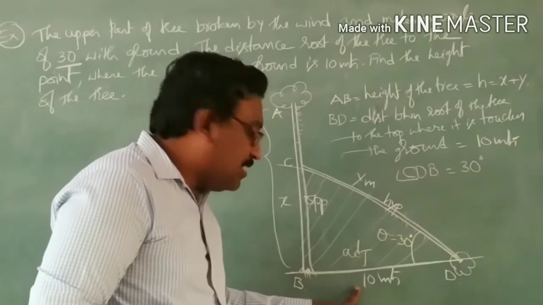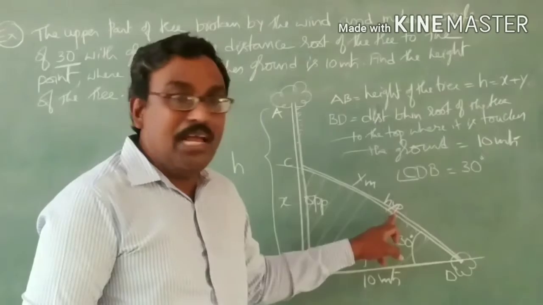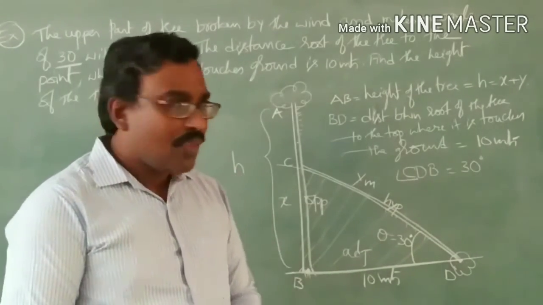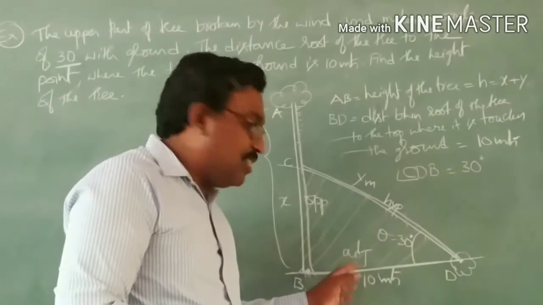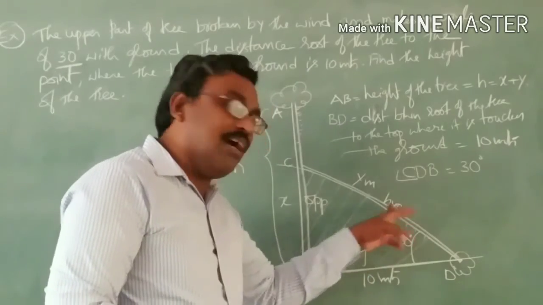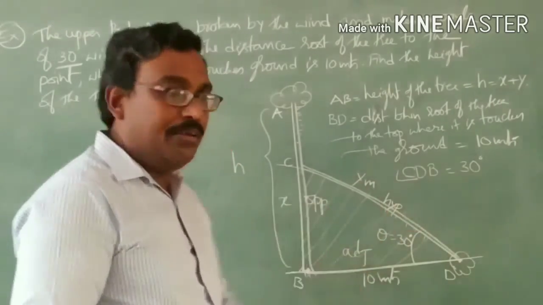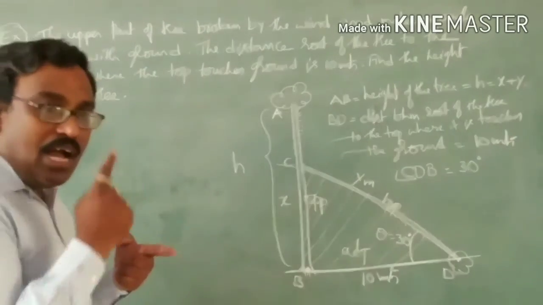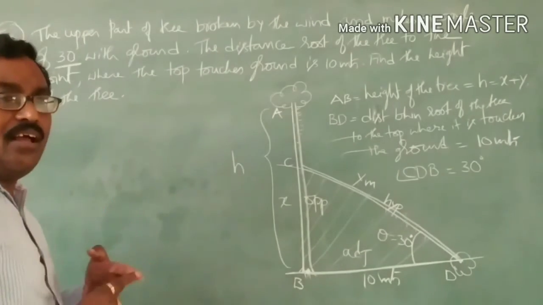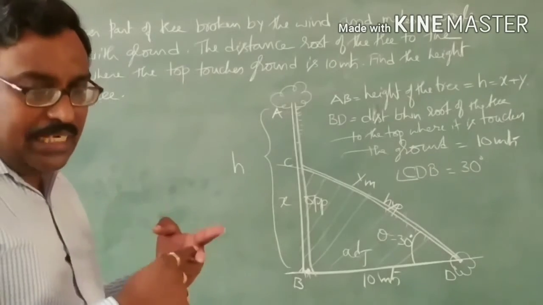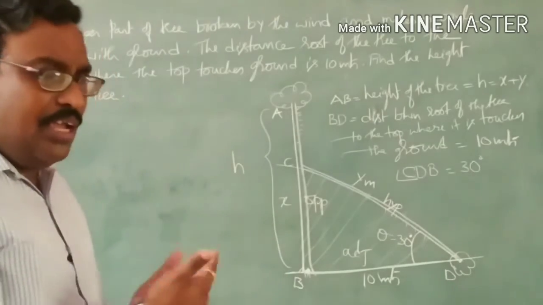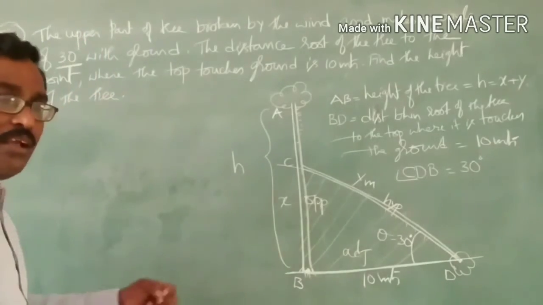So the adjacent side is given, and opposite and hypotenuse are asked. First I will find a relation between adjacent and hypotenuse. Adjacent by hypotenuse is cos theta. Hypotenuse by adjacent is secant theta. I am using cos theta.